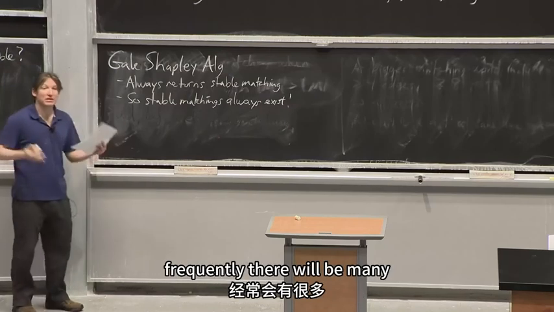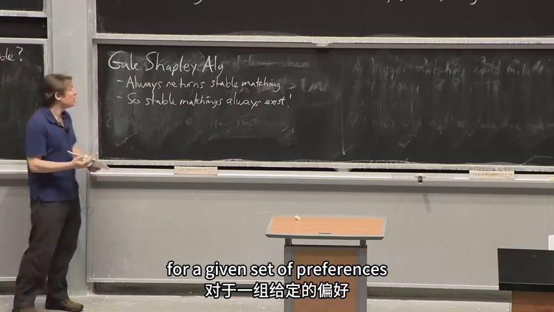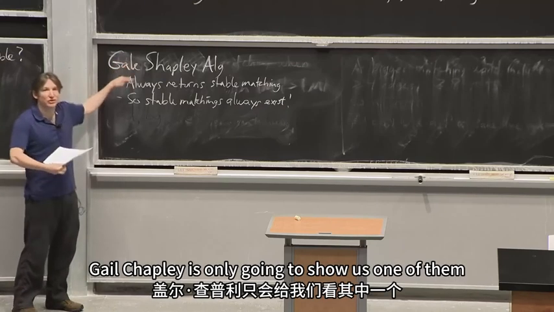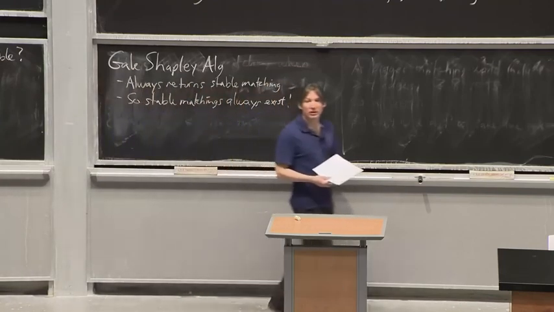Frequently, there will be many, many stable matchings for a given graph and for a given set of preferences. Gale-Shapley is only going to show us one of them. It's certainly going to find a stable matching, but not find all of them.